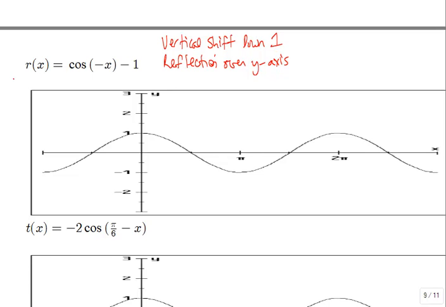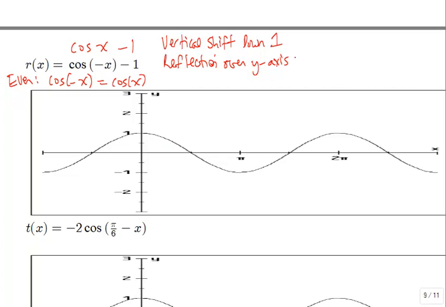But think about the fact that cosine is an even function for a moment. What that means is cosine of minus x is exactly the same thing as cosine of positive x. So you could rewrite this function as just cosine of x minus 1. That negative inside the parentheses doesn't need to be there, because when we reflect this over the y-axis, we get back exactly the same graph.